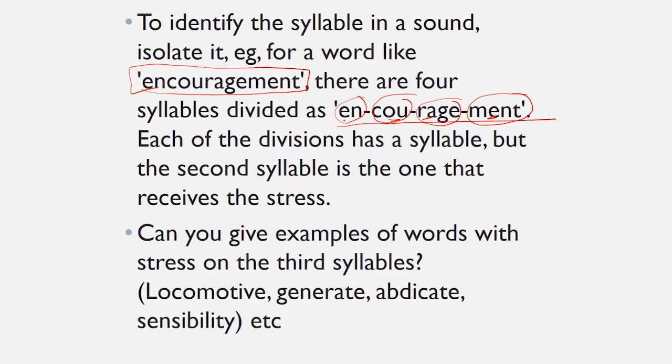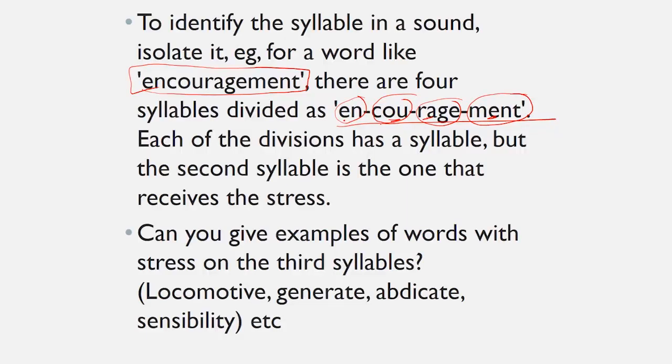So to be able to identify a syllable, you divide them clearly so that you know where the syllable could be found. Look at this, for example. There are 2 vowels here, O and U. But you don't pronounce them separately, they are pronounced together, not as a diphthong, but as one sound.